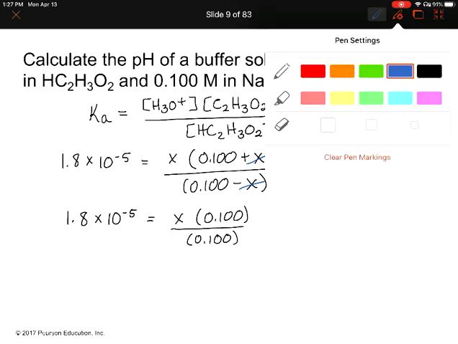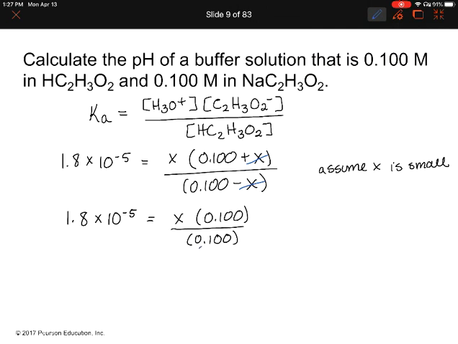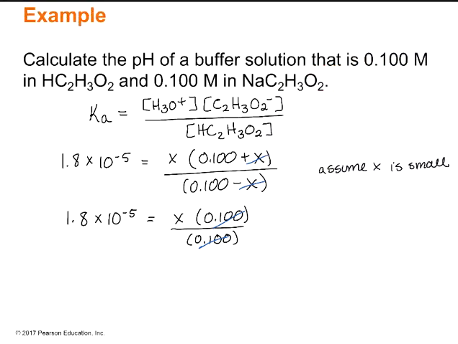So we can just cancel 0.1. It's in the numerator and the denominator. And that means that x is equal to 1.8 times 10 to the negative fifth. So x is just equal to the acid ionization constant.